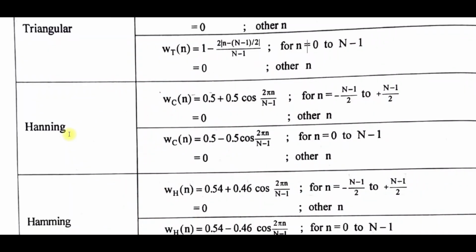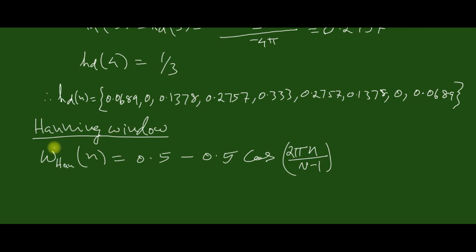Next, we have to multiply the filter coefficients with the Hanning window. For the Hanning window, the causal sequence is given by the lower equation, that is 0.5 minus 0.5 cos. The upper equation is for the non-causal sequence. So we can take this one. Here the Hanning window is given by this expression.